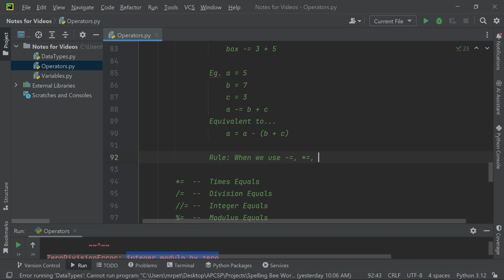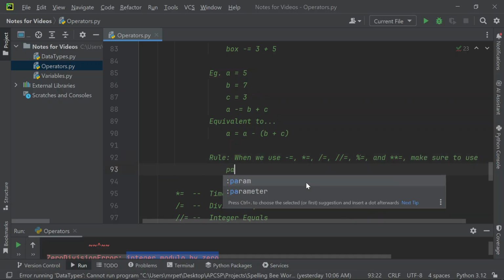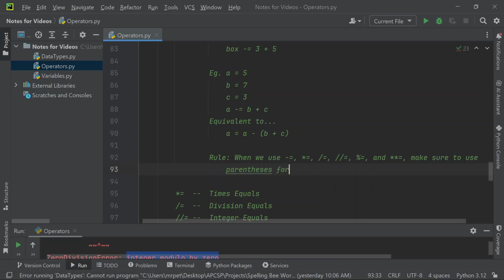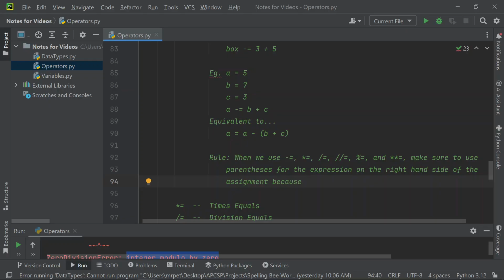So times equals, divided by equals, integer division equals, modulus equals, exponent equals. Make sure to use parentheses for the expression on the right hand side of the assignment because we need to distribute correctly.